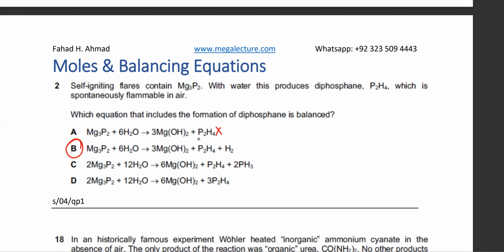What about C? Is C balanced? No, the amount of hydrogen in the products is more and in the reactants is less. How many is it? 2 into 6, 12, 12 plus 4, that's 16, plus 6 is 22 hydrogens. So that is wrong, because here it is 24. Okay. What's wrong with the last one?